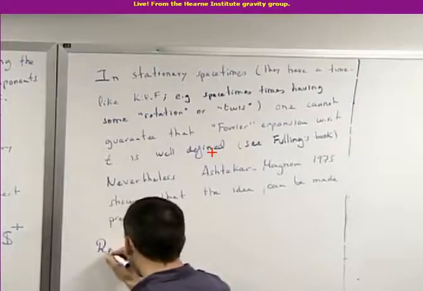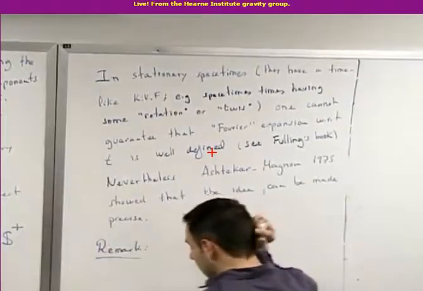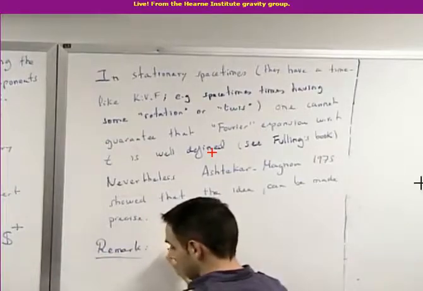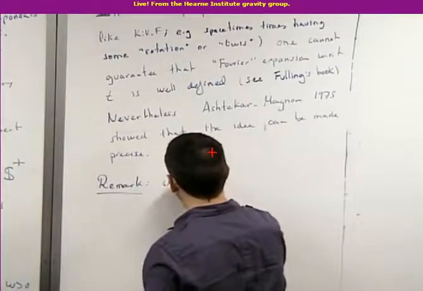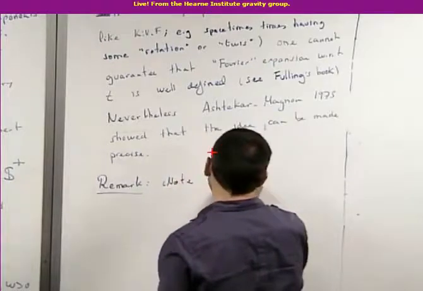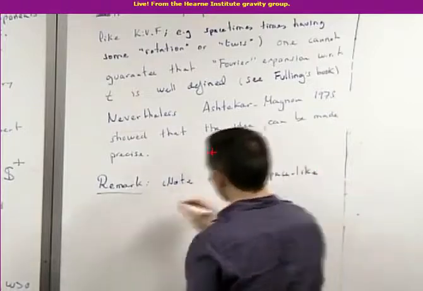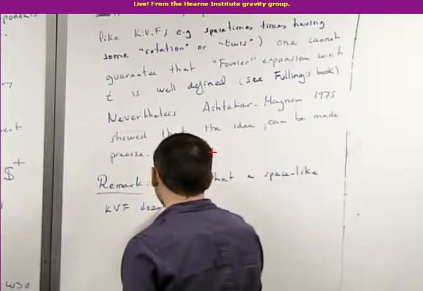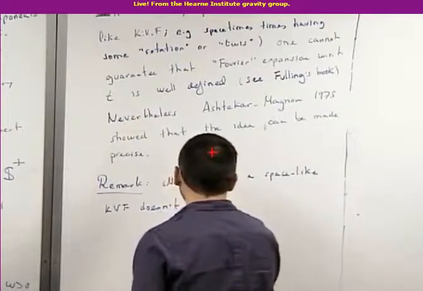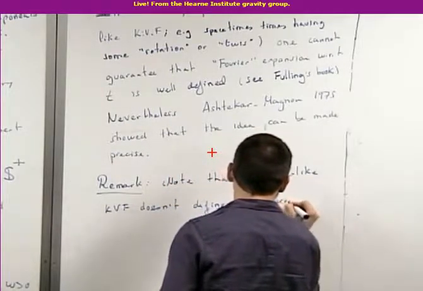And a small remark, I think the point was raised last day: note that a spacelike Killing vector field doesn't define a preferred representation.